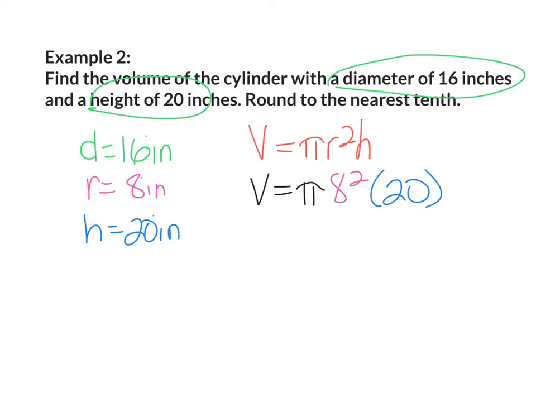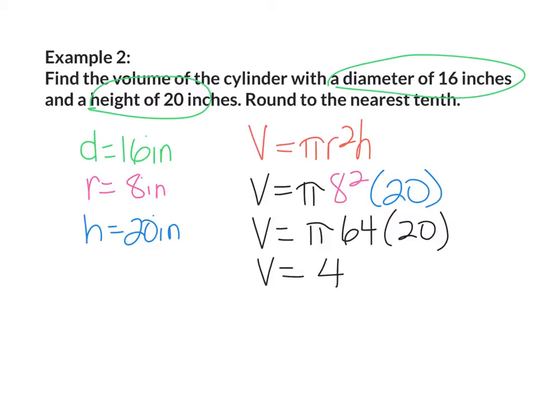When I multiply that out, I'm going to have V equals pi, 64, because 8 squared is 64, times 20. When I multiply all that together, I have V equals 4,021.23. However, they want me to round to the nearest tenth, so my answer is going to be V equals 4,021.2 inches cubed.